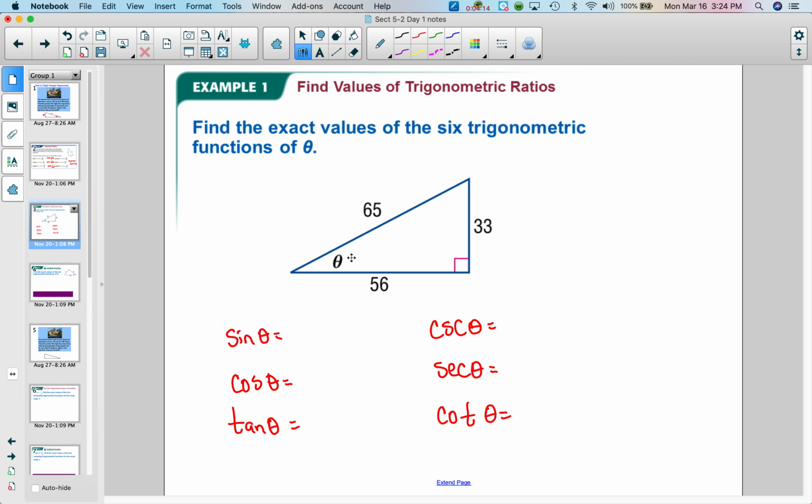So to get sine theta, notice here is theta. If you want to, you can mark these opposite, adjacent, hypotenuse, if that helps you.